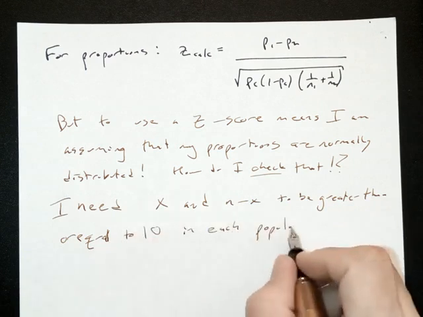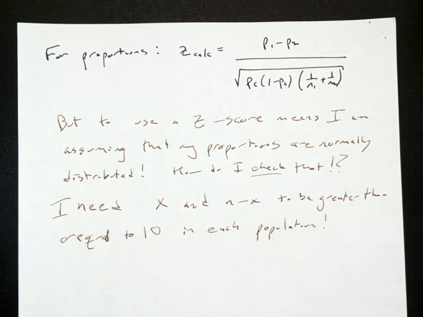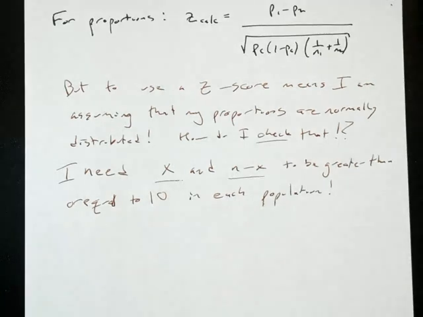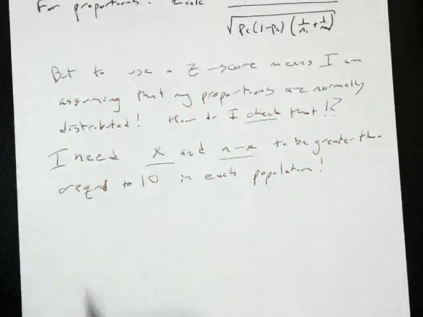Now, when we were doing binomials, we thought about successes and failures. But I'm not talking about success and failure here in a proportion. I'm talking about the number of people that say yes and the number of people that say no. The number of people that say A is better, the number of people that say no, it's not. So these numbers are the numbers I get when I do the sample size.